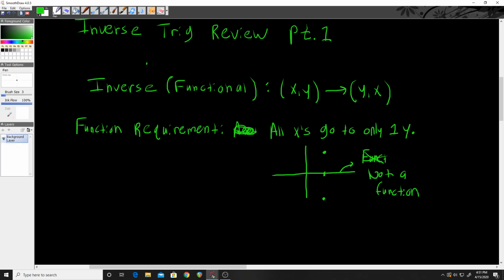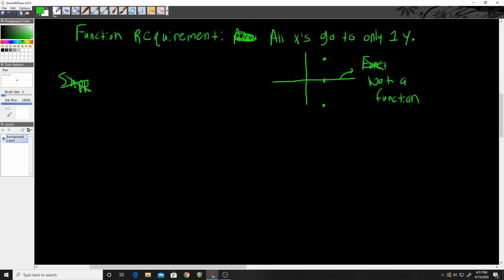And now suppose we interchange x and y. Well, let's not do that yet. Let's look at one more thing. Let's look at this situation where these 2 points have different x's, but the same y.